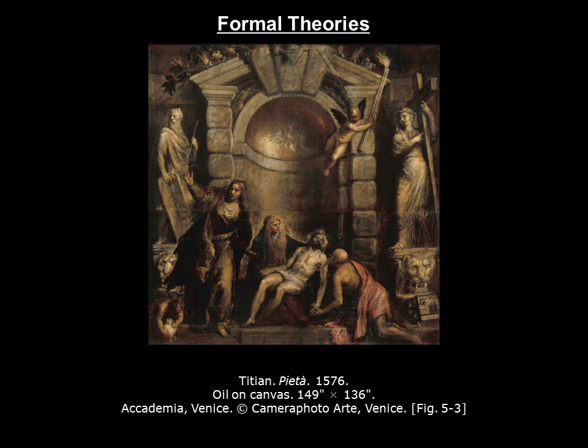We're now going to look at three different images and discuss them under the context of their art criticism theory. So this first group of three will be under the formal theories, and the next two will be under contextual and expressive theories. This painting here is by Titian, titled Pietà, from 1576.